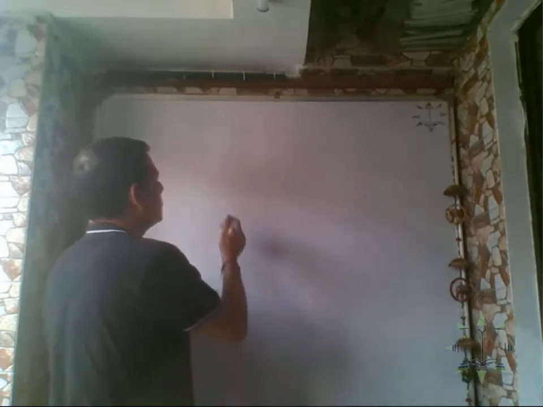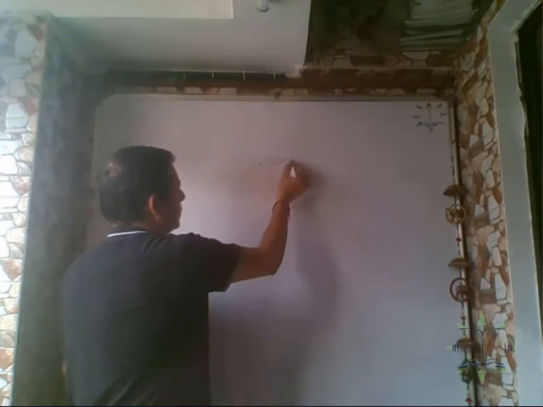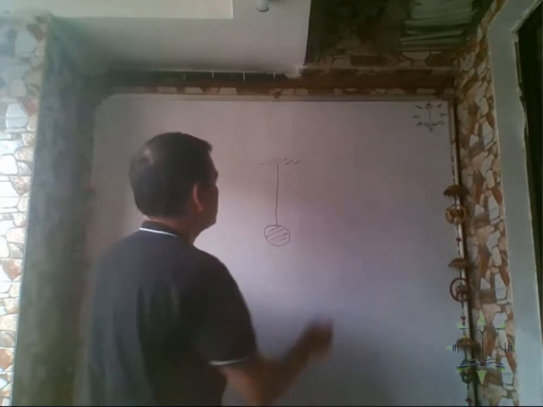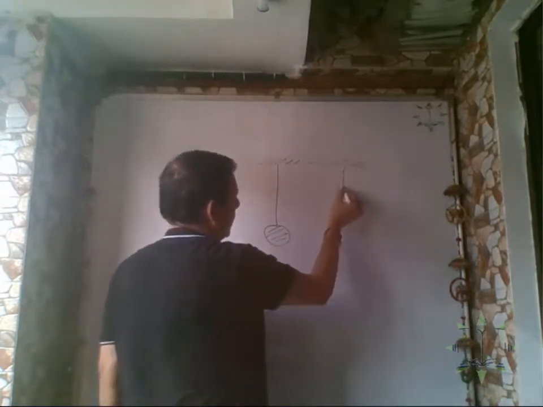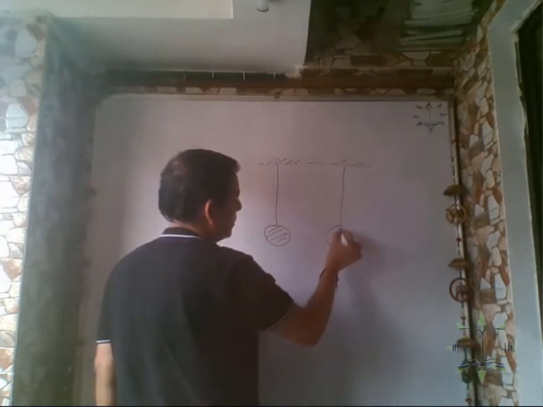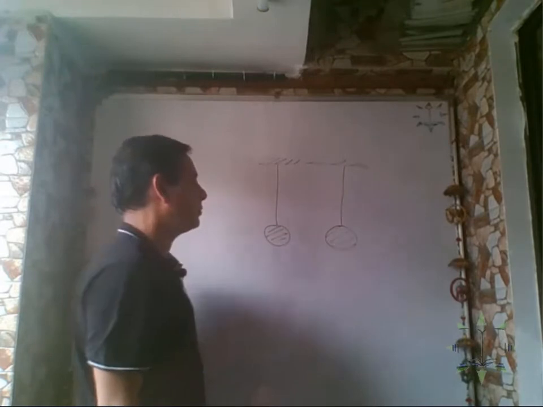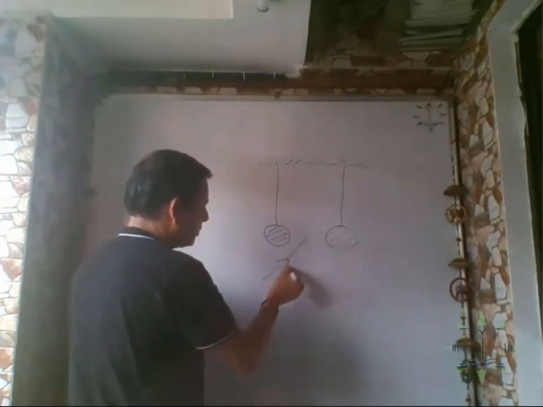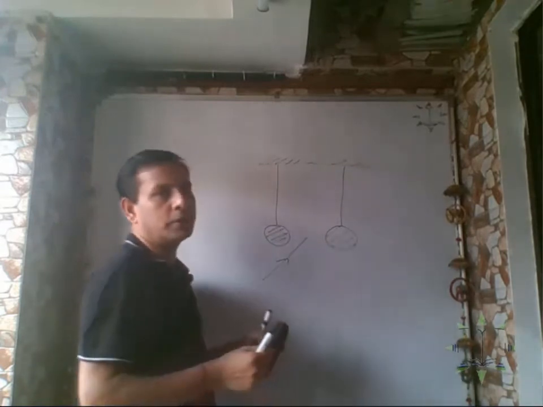Okay. So what is happening? Suppose you have, this gives very good understanding of Bernoulli's theorem. Suppose you have from a rigid support you have hanged two light balls, plastic balls. Okay, two plastic balls are hanged from this. Okay. If you blow air in between, like two balls are there, you are blowing air.